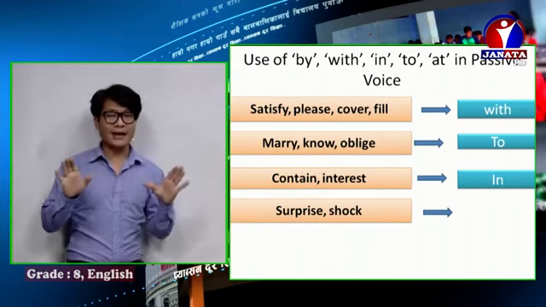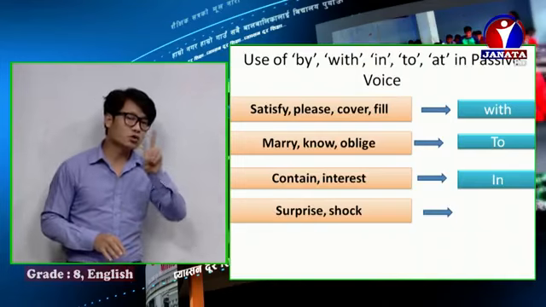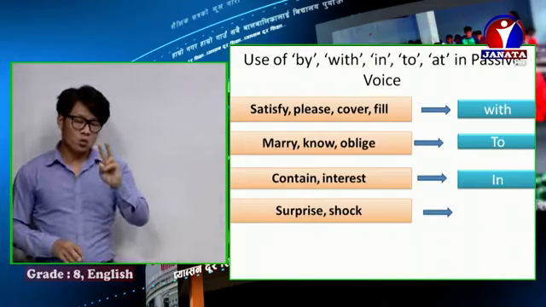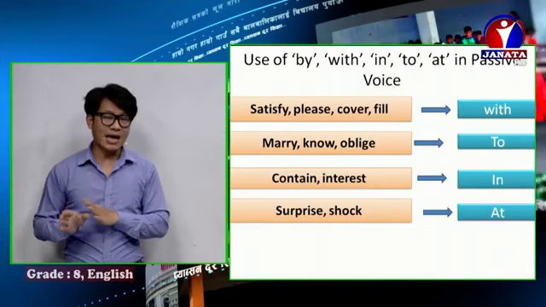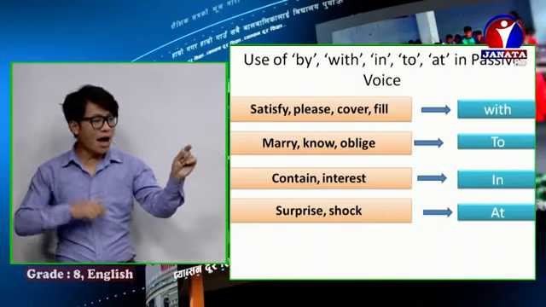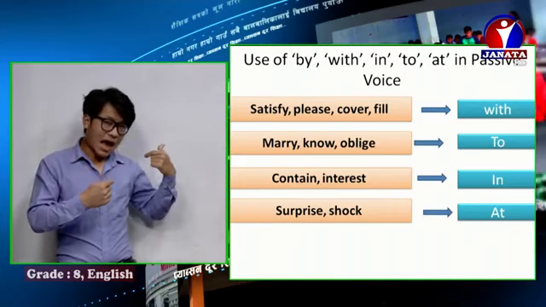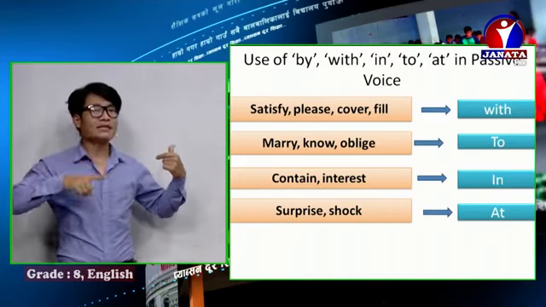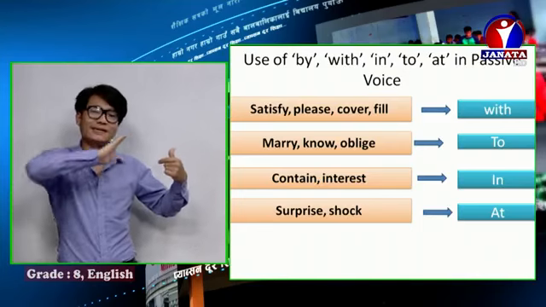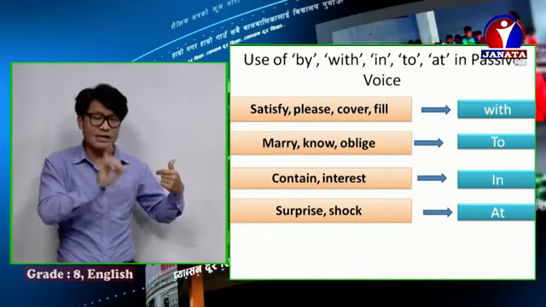Next, surprise and shock. With these two verbs, we use the preposition at. Like, "The result surprised me." With me coming first, if I write "I was surprised by the result," that is wrong, because there is the verb surprise.